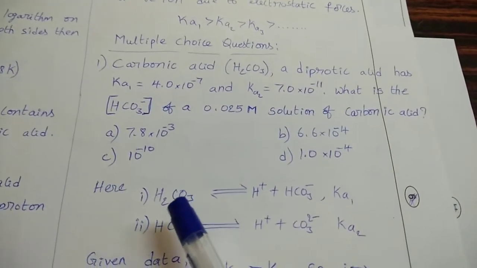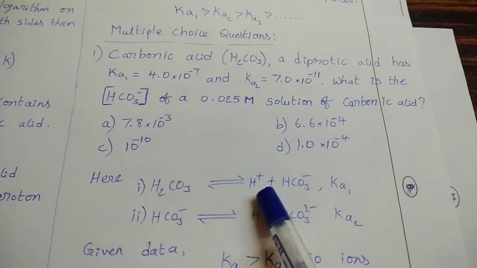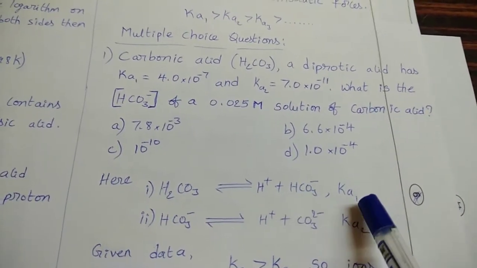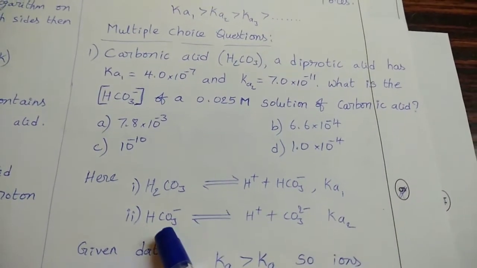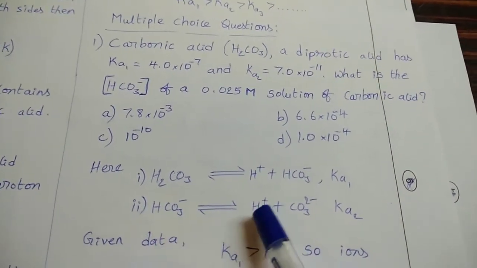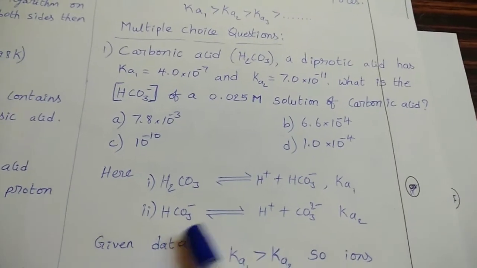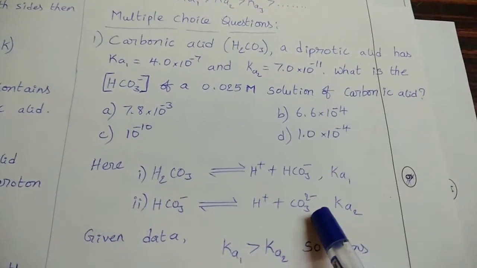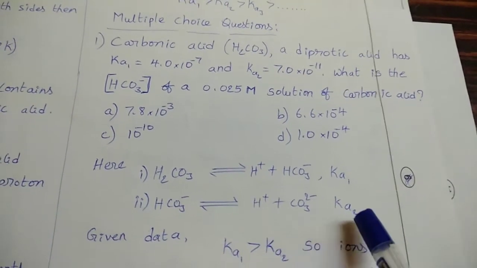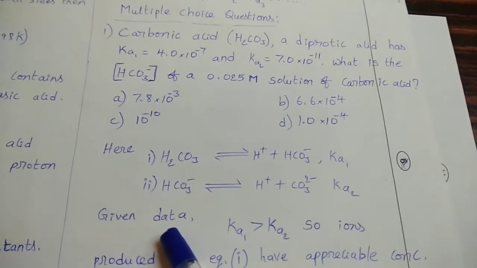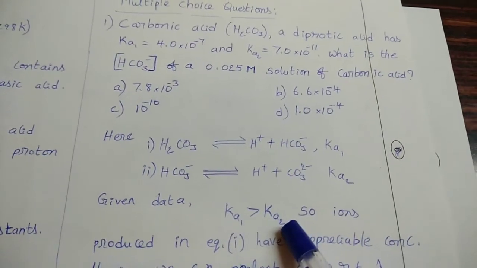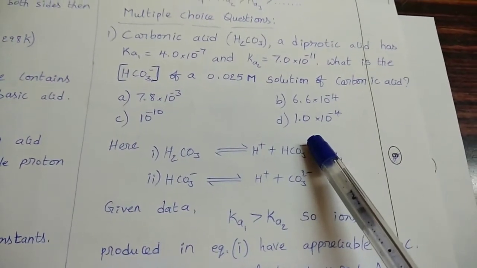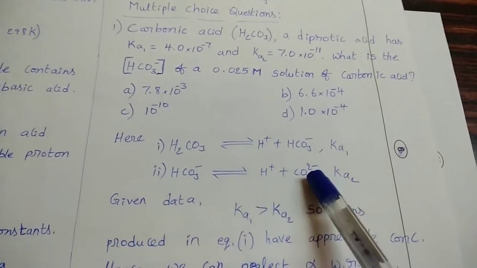See the reactions. H2CO3 gives rise to H plus and HCO3 minus, with the ionization constant Ka1. In the second step, HCO3 minus undergoes ionization, and H plus and CO3 2 minus are formed, with the ionization constant Ka2. According to the given data, Ka1 is greater than Ka2. That means the first step undergoes more ionization and the second step undergoes less.